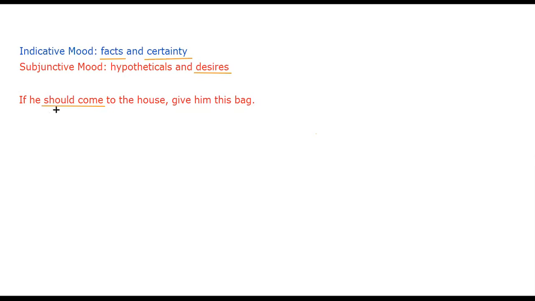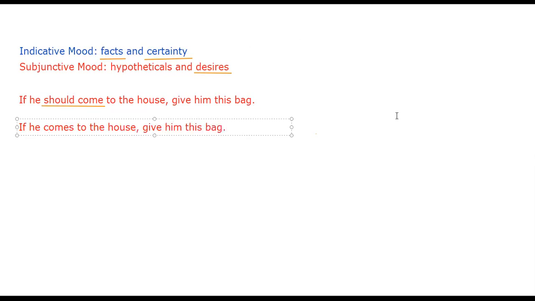We're using should as an alternative form of the present subjunctive here to point to a possible future event. So this is when we use another form of the present subjunctive to point to the future. Like if he should come to the house, give him this bag. But you could also say if he comes to the house. You could just use if he comes to the house, give him this bag.